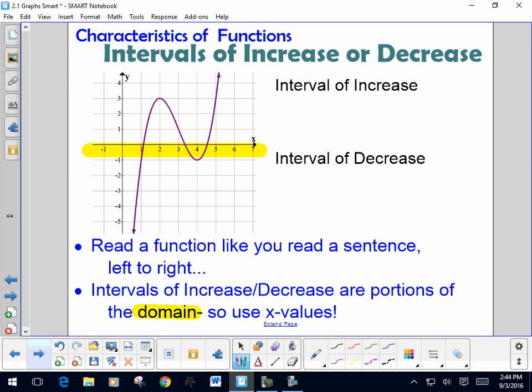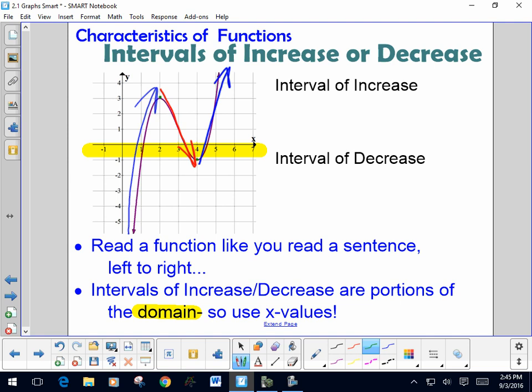So for this function in particular, I might notice that it goes up or increases, and then it turns around and goes down or decreases, and then it turns around and goes up or increases. And those relative mins and maxes happen to be where it changes directions.